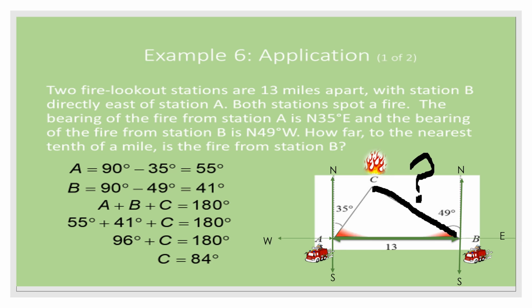So definitely we can use the law of sines to find this side. Now, first we can find A by subtracting it from 90, because we know this angle here is 90 degrees, and also we know this angle here is 90 degrees.